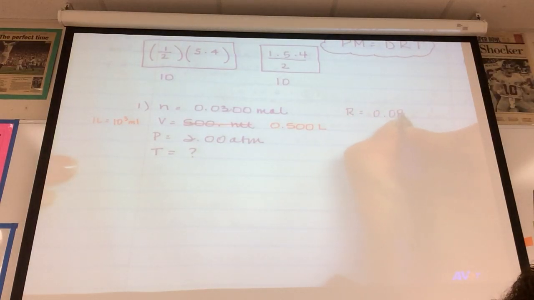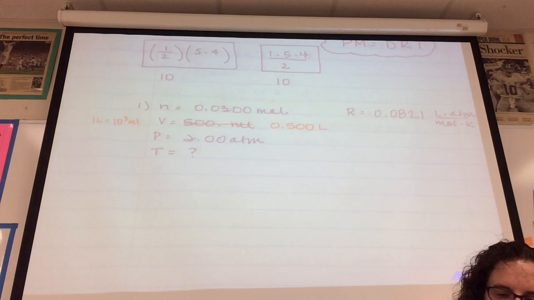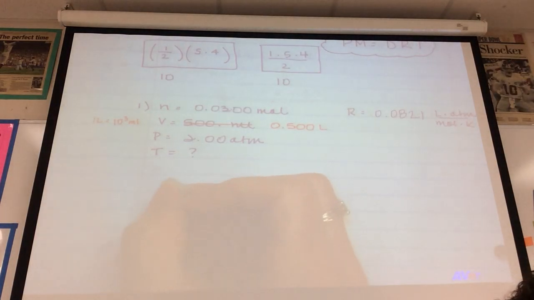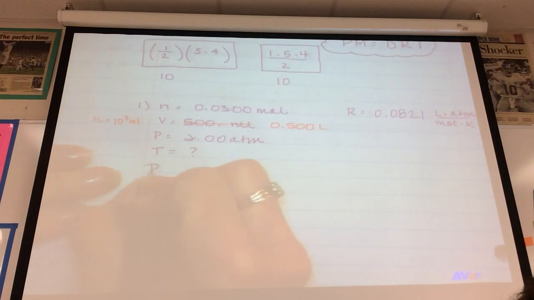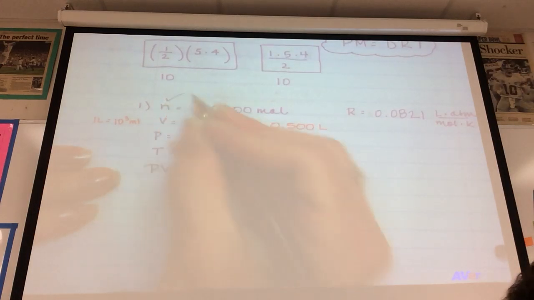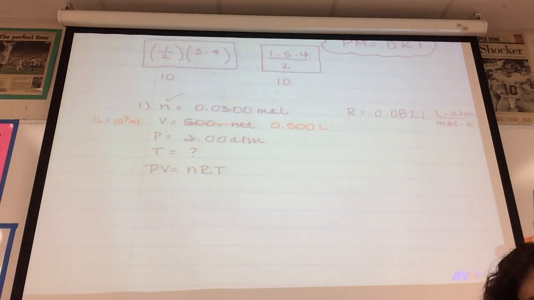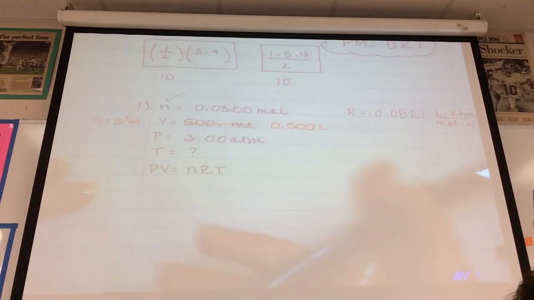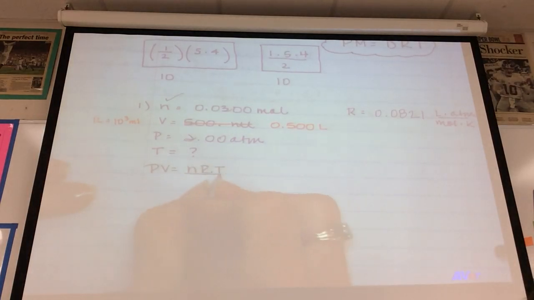So 0.0821 liters times atmosphere over moles times Kelvin. And now we're ready to rock. I am going to use PV is equal to nRT because they gave me moles. And if I want temperature, I'm going to divide both sides by what? nR.